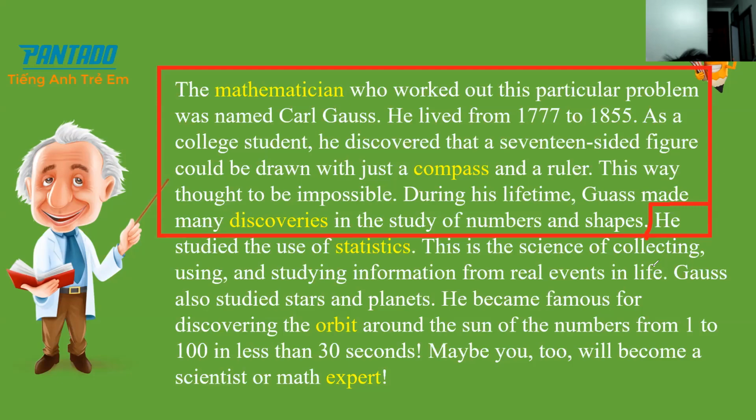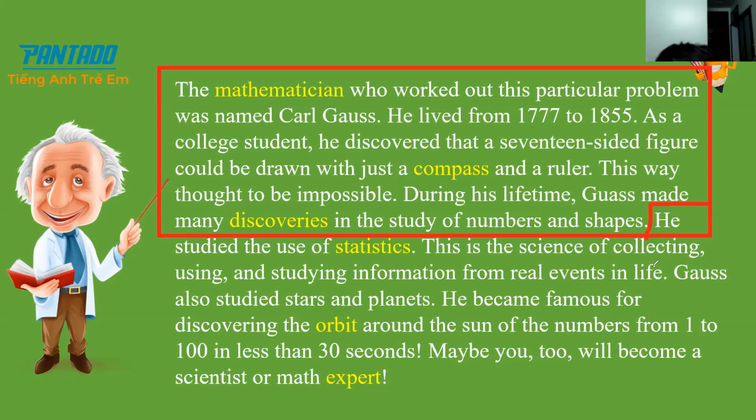During his lifetime, Gauss made many discoveries in the study of numbers and shapes. He studied the use of statistics. This is the science of collecting, using, and studying information from real events in life.